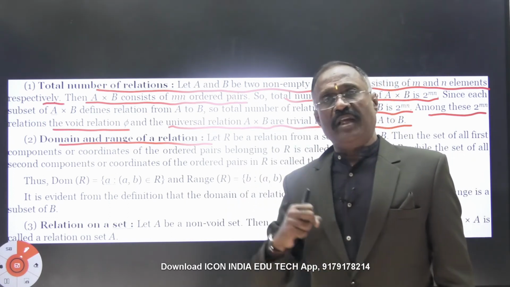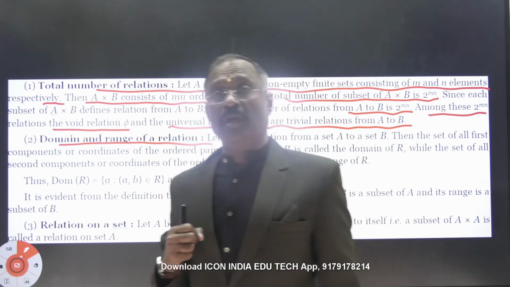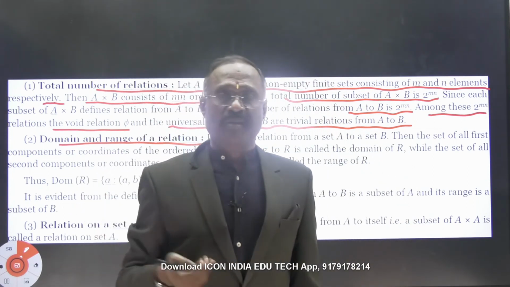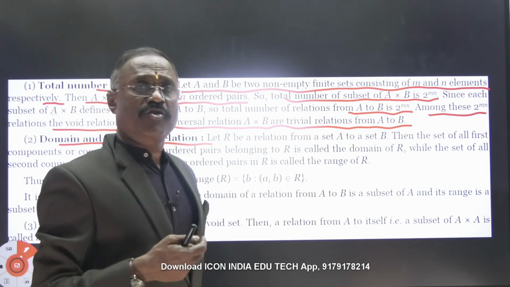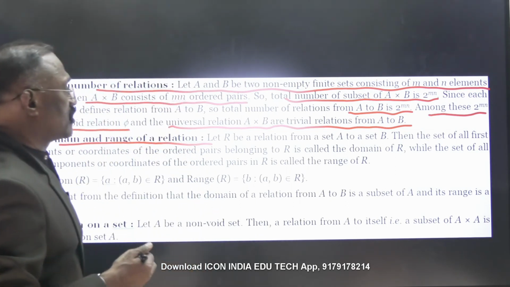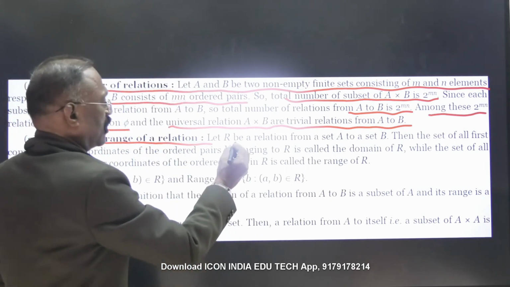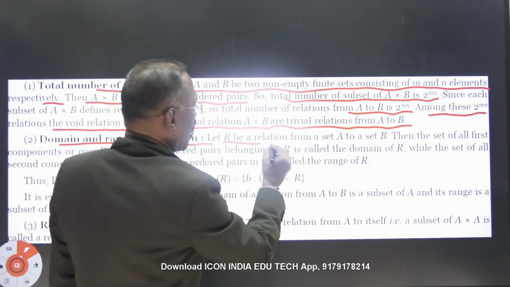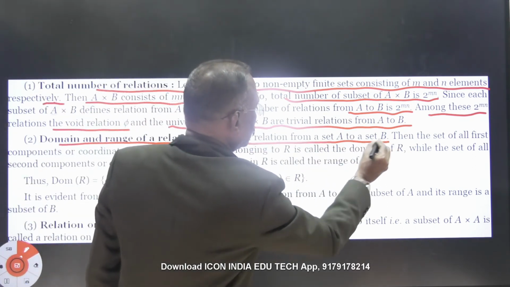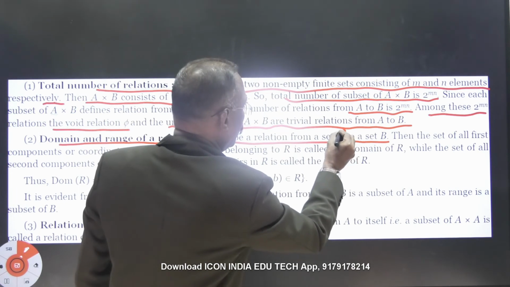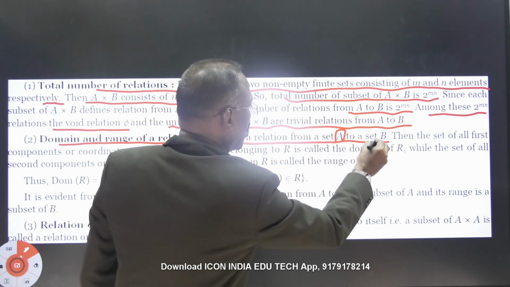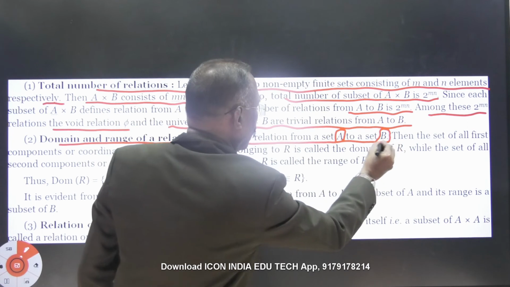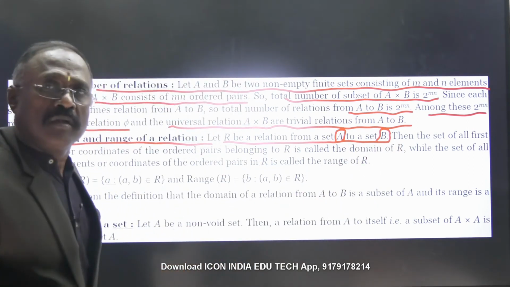Whatever output you get, in mathematical terminology it is said to be the range. So domain and range of a relation is simply, if you define a relation R from set A to set B, then set A is called the domain of the relation and set B is said to be the range of the relation. That's it.